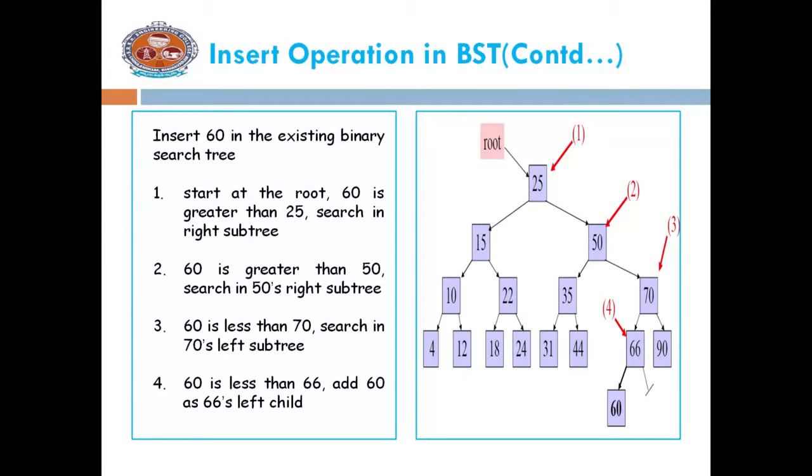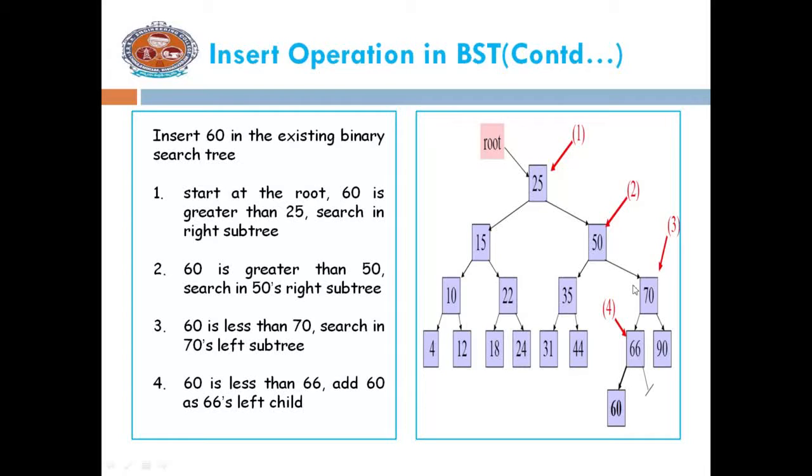Here is an example of how to insert a new node into the existing binary tree. Here I want to insert 60. So we start from the root value, compare 60 with 25. 60 is greater than 25, so we traverse towards the right. Now compare 60 with 50. Again 60 is greater than 50, so we traverse right again.